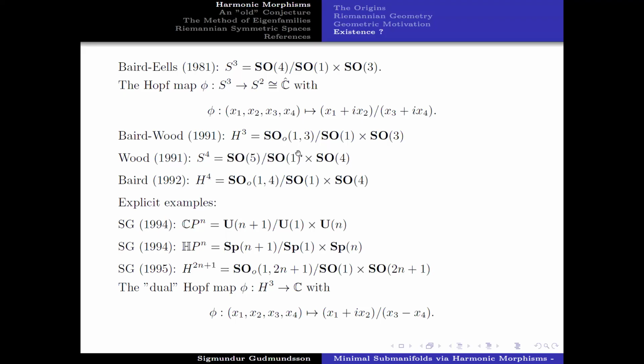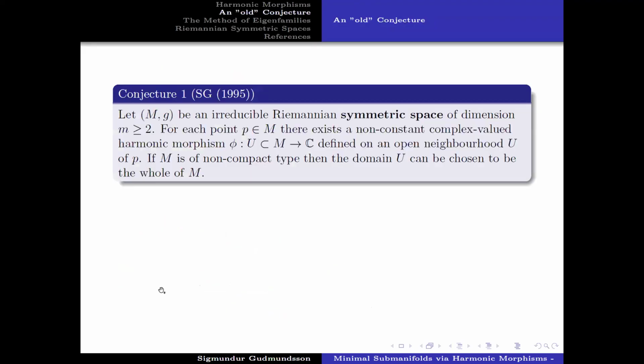After I was young and quite naive at that time, and after seeing this, I stated the following. Let M be an irreducible Riemannian symmetric space of dimension M greater or equal to 2.